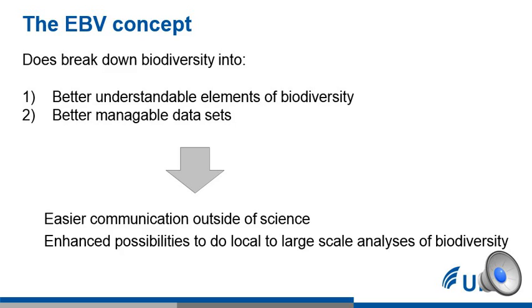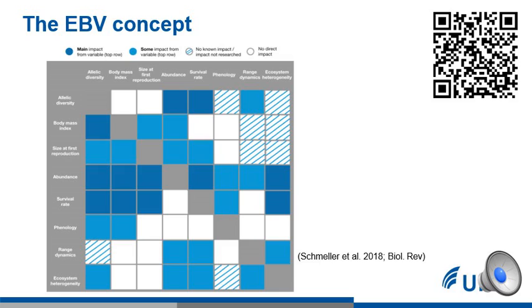So we have made some progress with the EBV concept, but for example here you can see different propositions for EBVs which are to some extent interlinked. So for example, the body mass index would be dependent on the allelic diversity, but not on the survival rate or phenology.